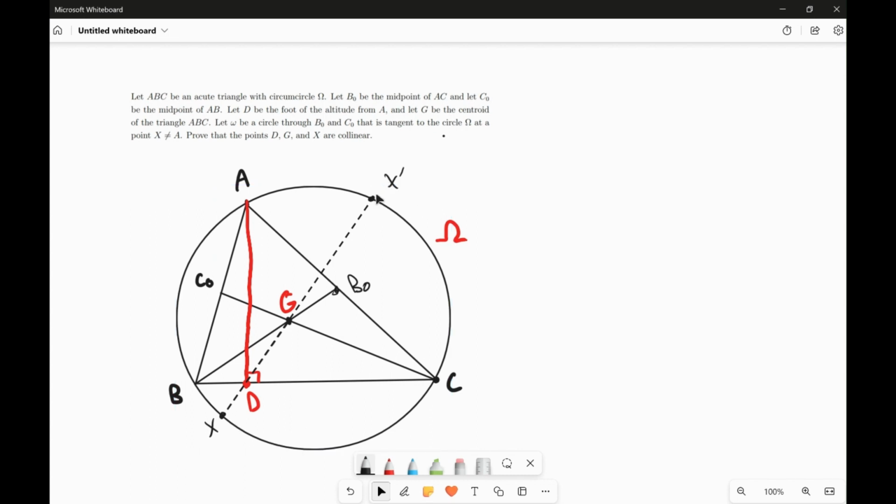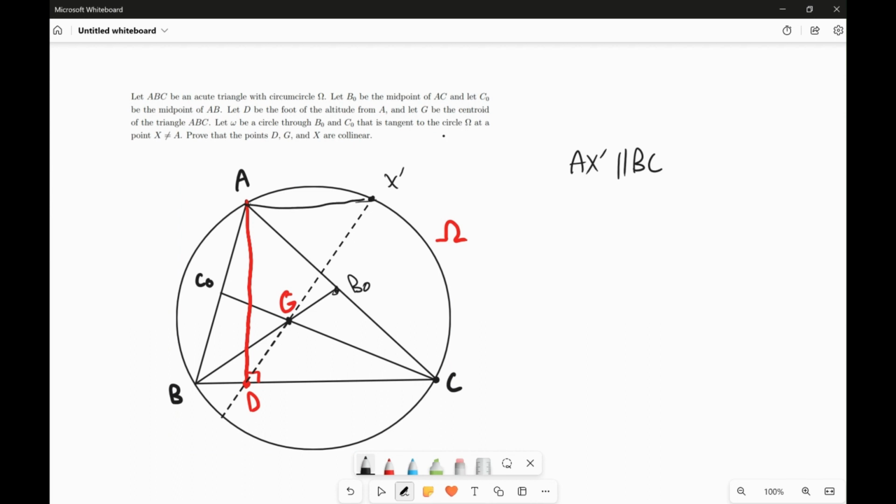But this point X prime might seem particularly interesting because it seems like AX prime is parallel to BC. That's a conjecture. So let's go ahead and ignore X for the time being, and show that D, G and X prime are collinear, where X prime is a point such that AX prime is parallel to BC.